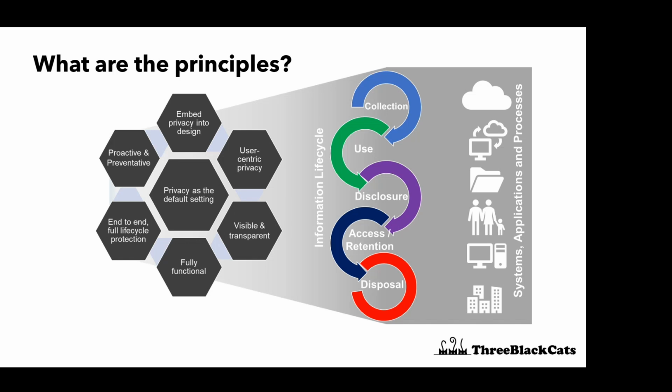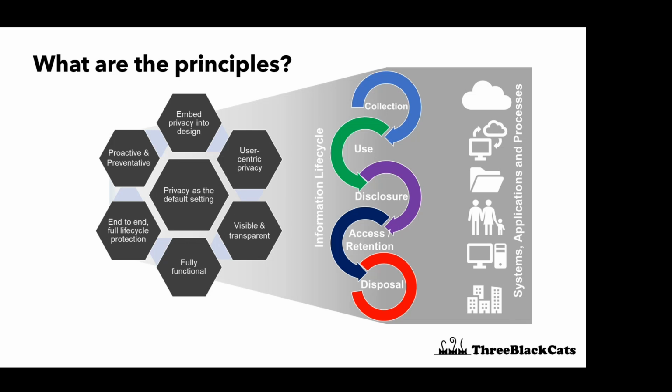Goes without saying, end-to-end full life cycle protection. That's talking about security, making sure the information is secure the whole time, from the point we collect it right through to the point we dispose of it, be it held by your organization or held by your vendors. It needs to be fully secure.